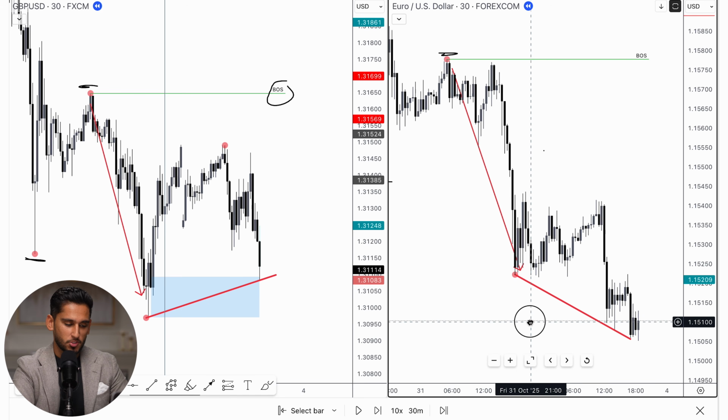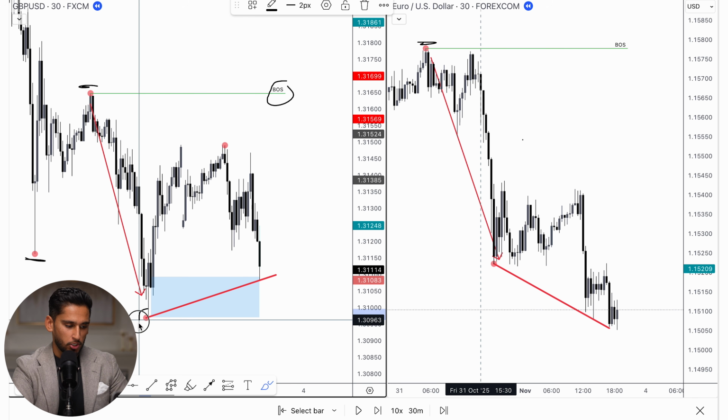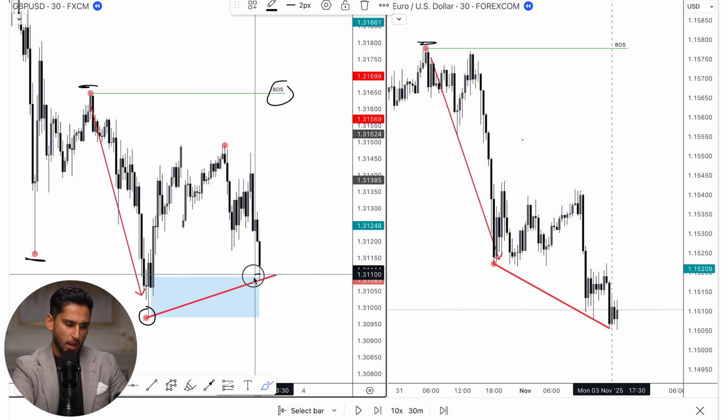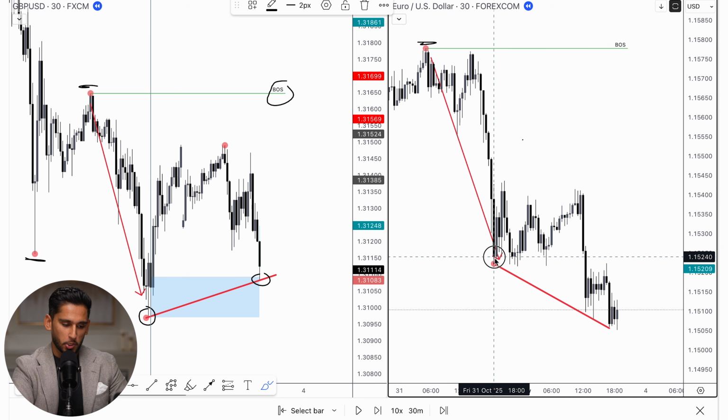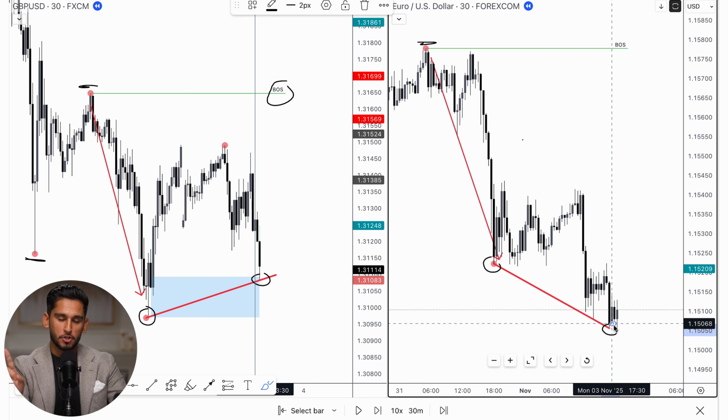So you can start to see this is where the divergence comes into action, where we can see a low in the market has led to a higher low, whereas this low in the market has led to a lower low. This temporary divergence of one forming a higher low, the other one forming a lower low is a manipulation.